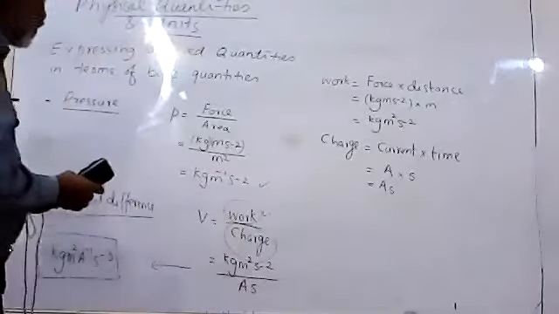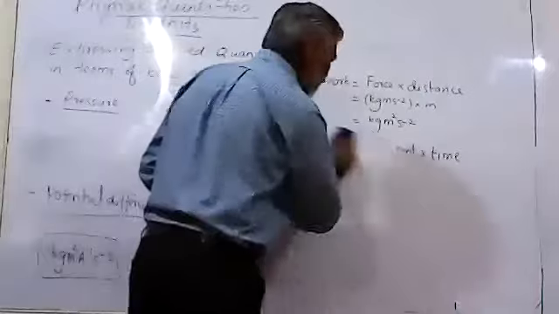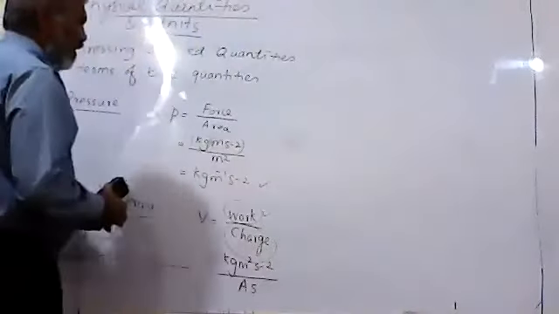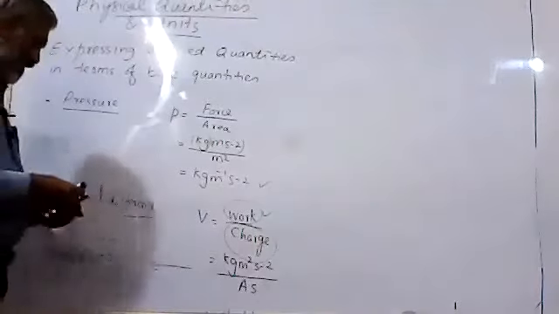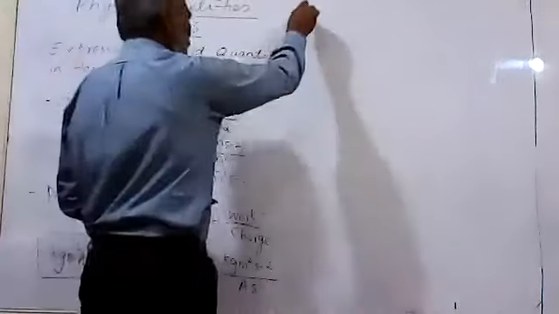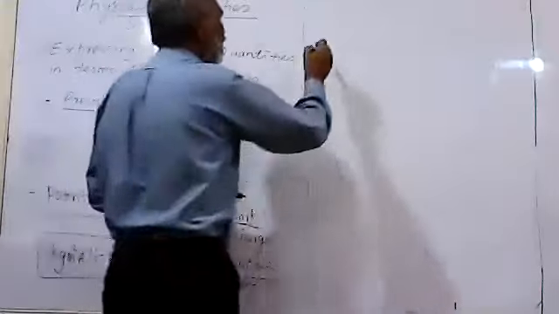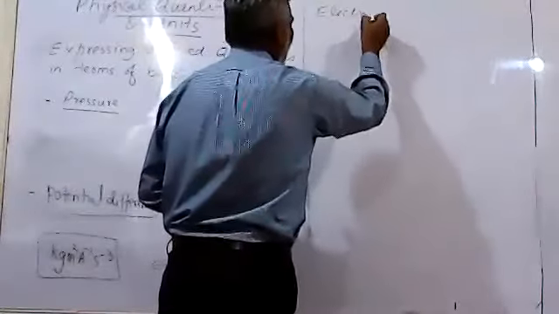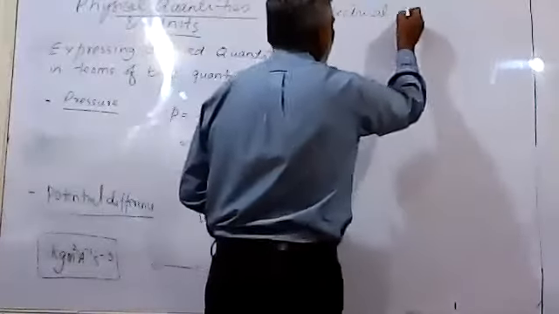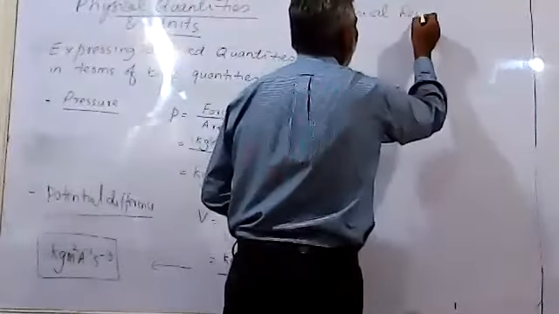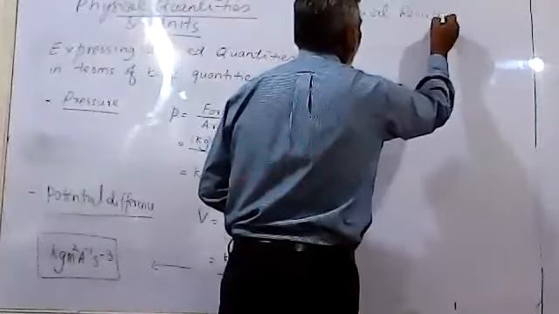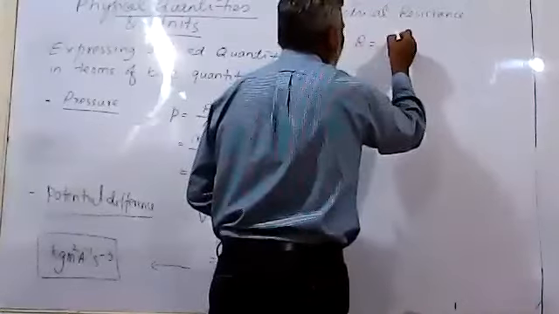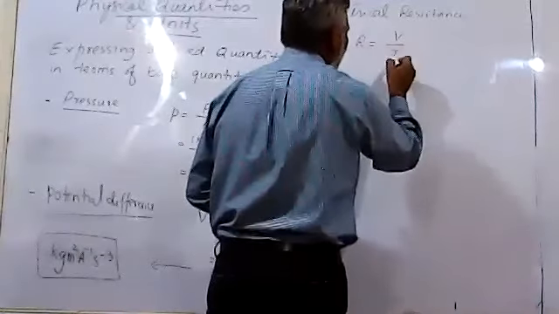Let's work a few more quantities, and then we move on to something new. Another quantity which is related, that is electrical resistance. Electrical resistance is defined as voltage over current.